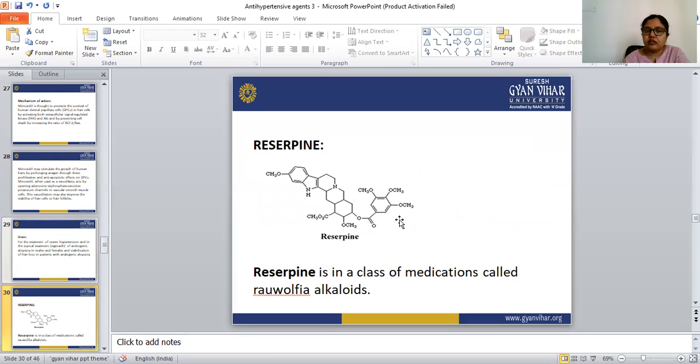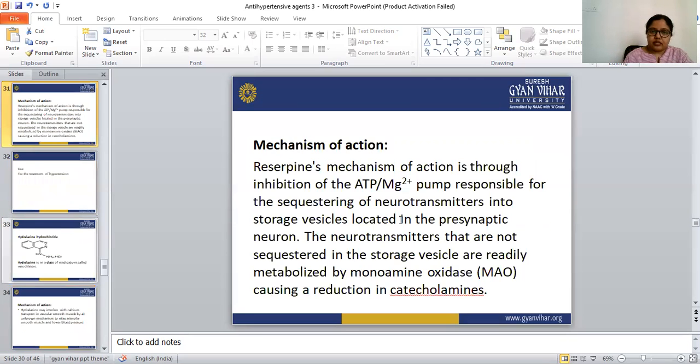The next drug is reserpine. Reserpine is in a class of medication called Rauwolfia alkaloids. Let's see the mechanism of action of reserpine.